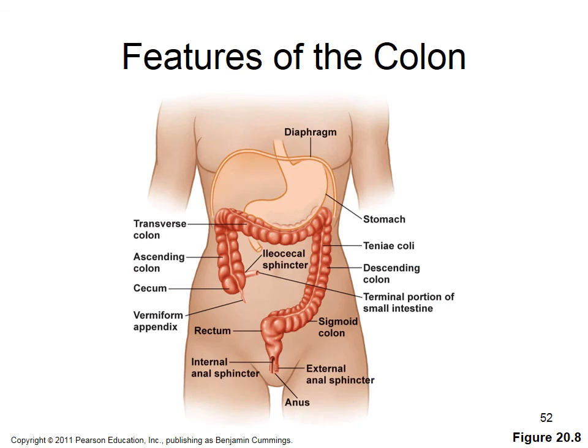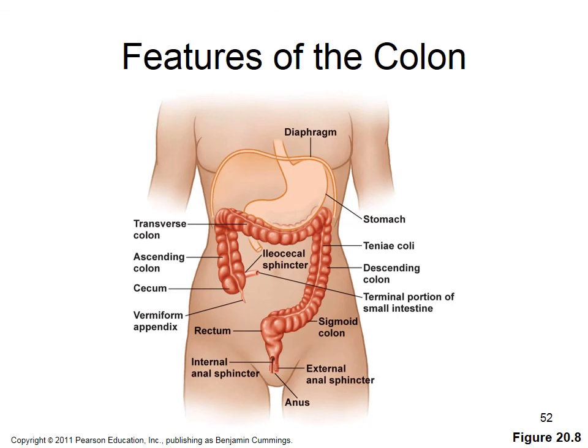Okay, so here we've got just the colon showing, or the large intestine showing. Okay, we've taken out the small intestine. So there is a sphincter between the small intestine, the ileum, and the ascending colon, cecum, and appendix area, and that's the ileocecal sphincter.